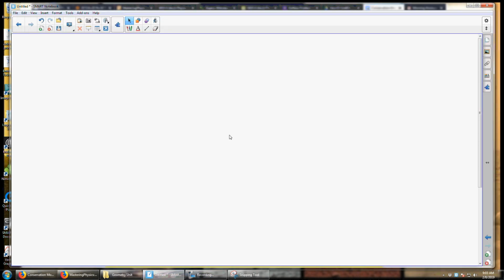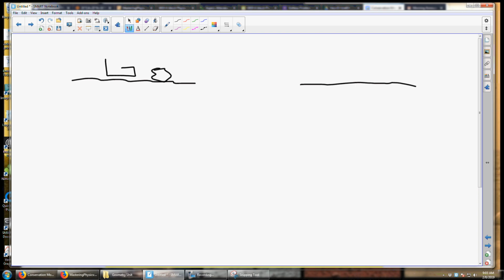So, need to do my diagram. Let's see. Ground, rock. Hammer. Hammer. Rock.